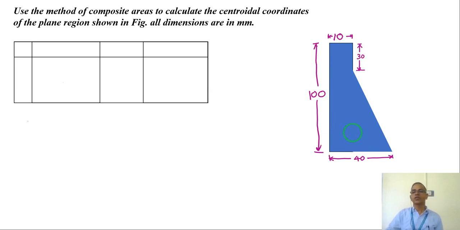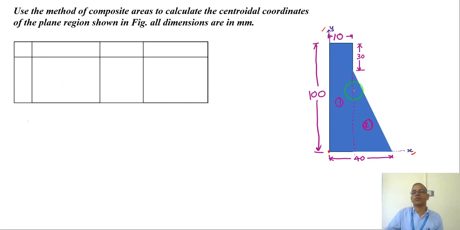So now this area will be divided into two common or simple areas. First of all, we take the reference axis. So this will be my origin, x axis, and this is the y axis, and divide this area into two parts. One being this rectangular area identified as 1, and the second area being a triangle.